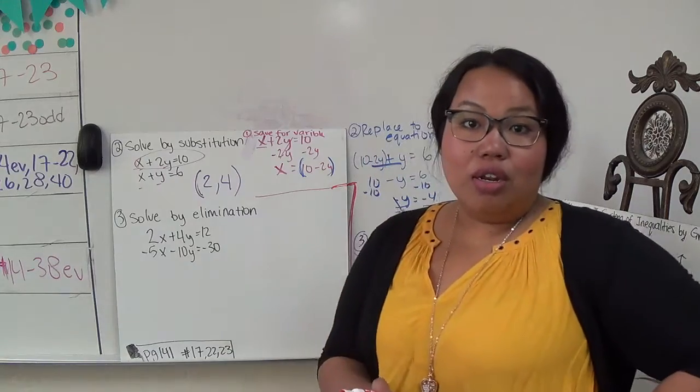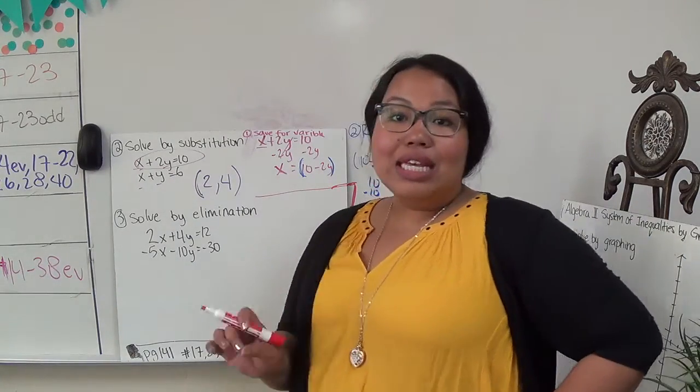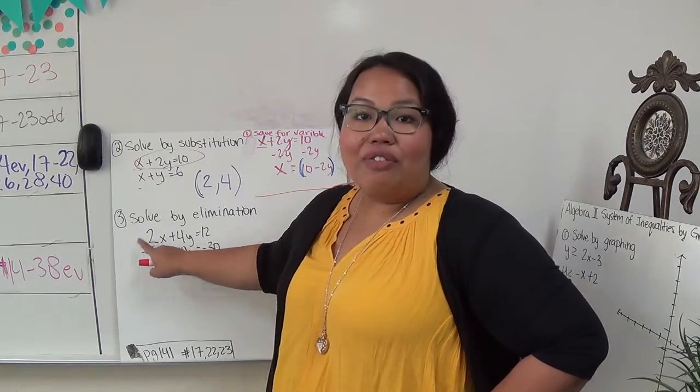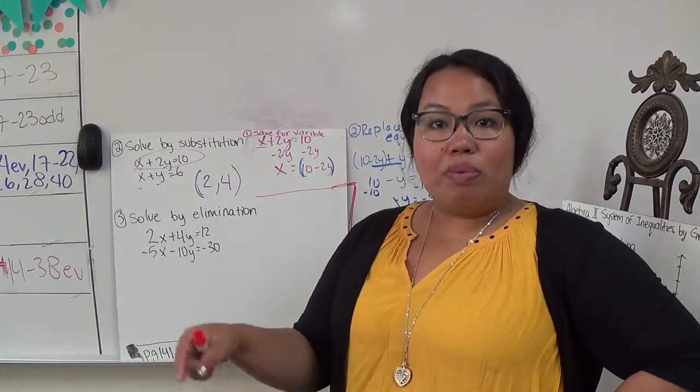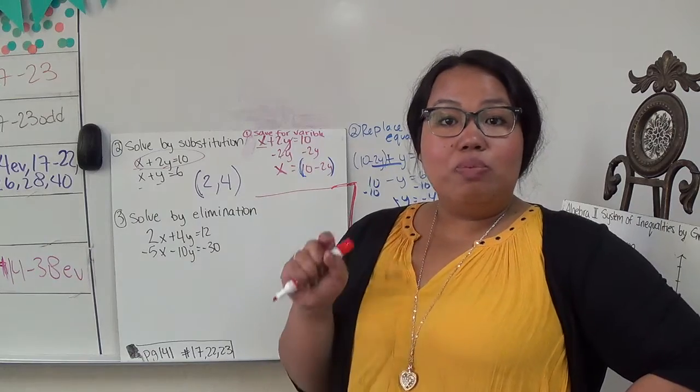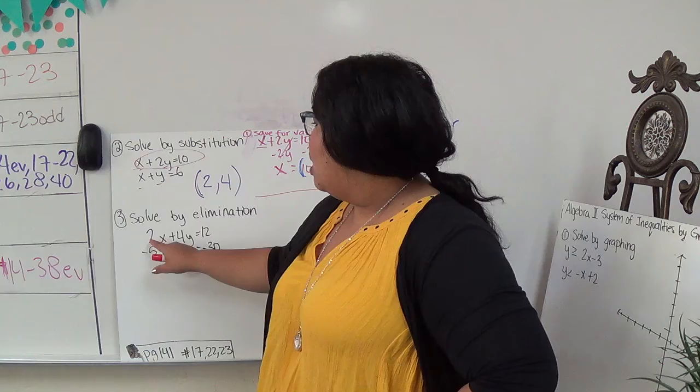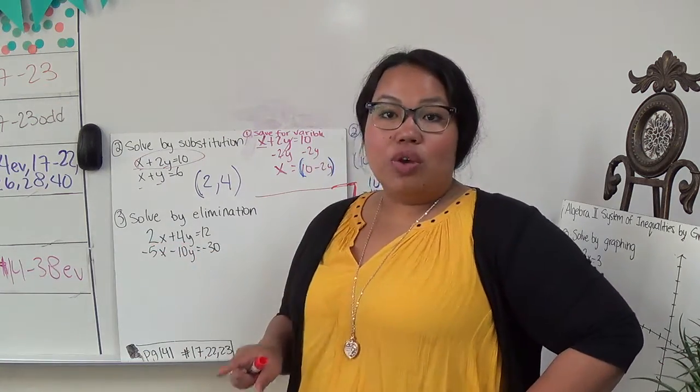And I can do that. I can do anything I want. The key is I have to keep the equation balanced. So if I want to multiply this by 5, I have to multiply every single term by 5. And remember, terms are separated by addition, subtraction, and the equal sign. So I have to multiply each of these, every term.